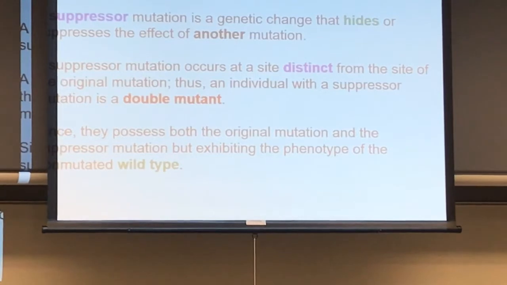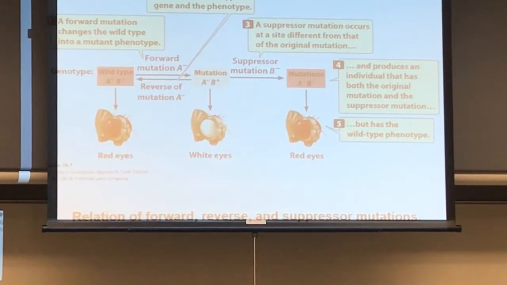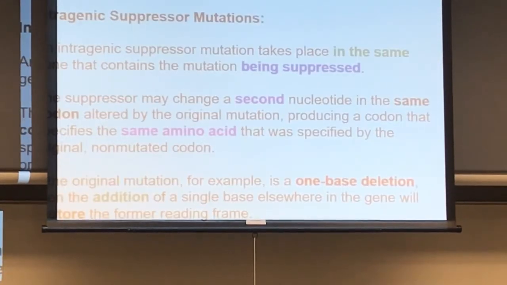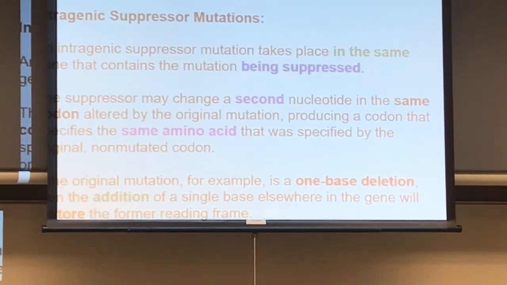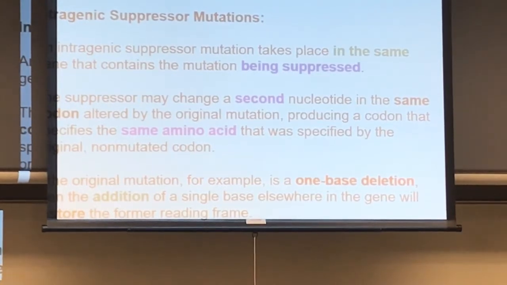Now, if the second and first mutations are within the same gene itself, that is referred to as intragenic. I said one gene has a mutation, and the second gene somewhere is neutralizing the first one; I call it a suppressor mutation.